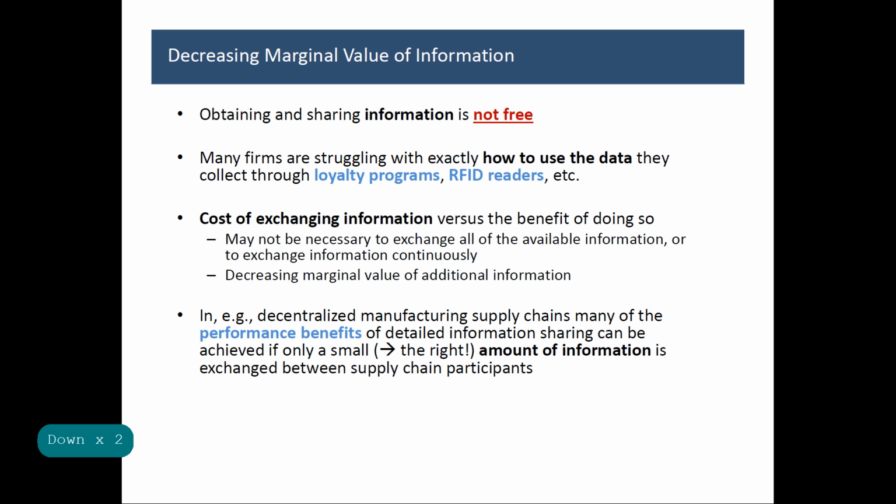Another factor that we need to consider is that we have a decreasing marginal value of information. So obtaining the right information and sharing it is not free. It comes at a cost. If you imagine that we need to set up an IT system for sharing information in a centralized way throughout the supply chain, then this system would need a server somehow, or a cloud system where the information would be stored.